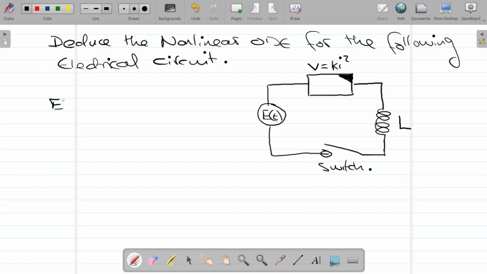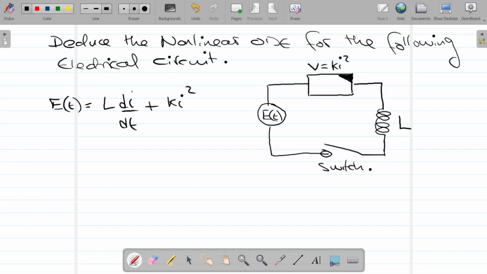E of t is equal to the voltage across the inductor, which is L times di by dt. And then, of course, we've got the voltage of this non-linear device, which we simply add on as Ki squared.